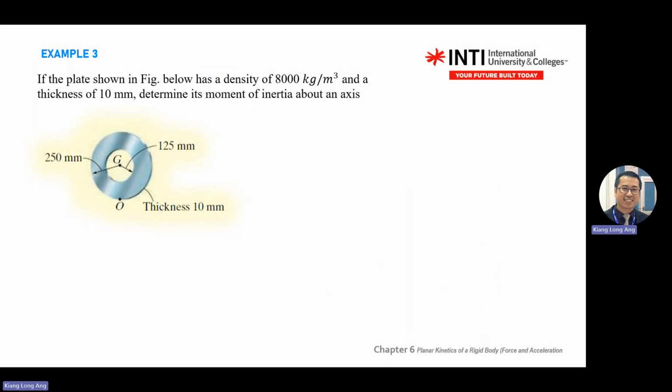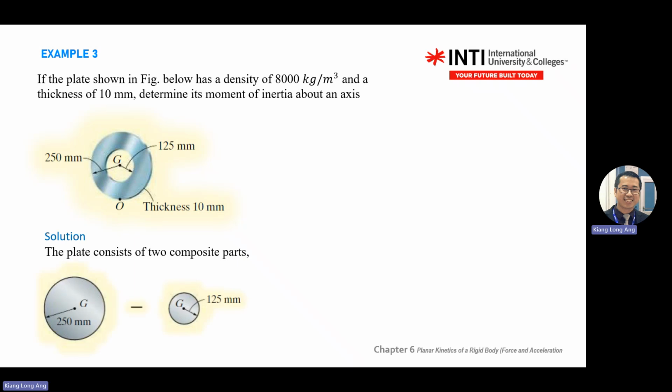So how do you do it? This is actually a composite part. It consists of two: one is the big area, with a radius of 250 mm, and the other one is 152 mm. So you calculate two moments of inertia, and you take the big one minus the small one.